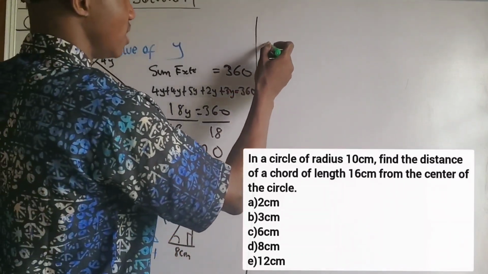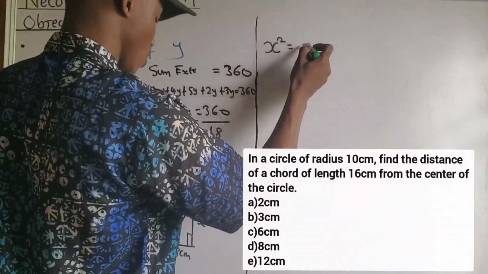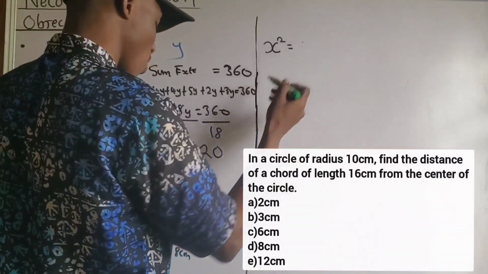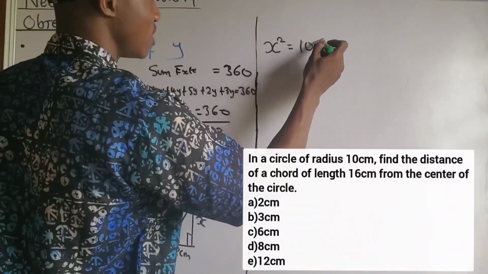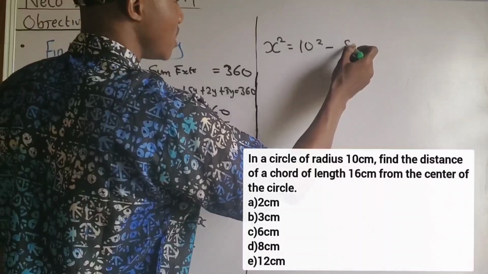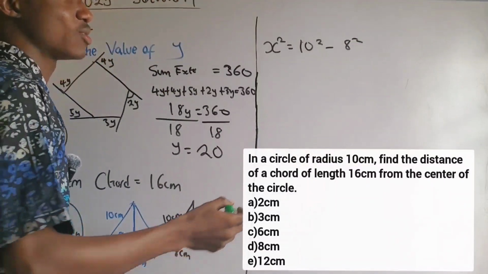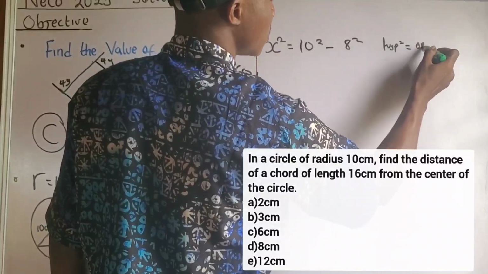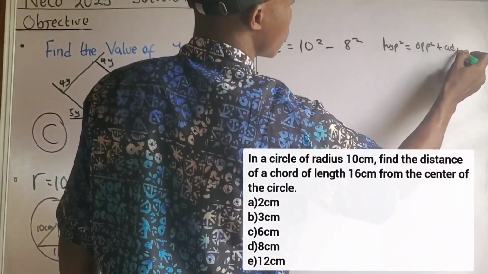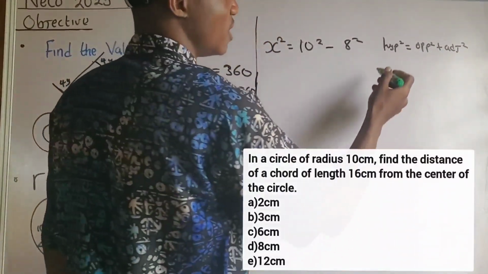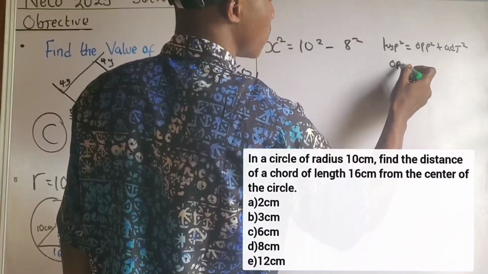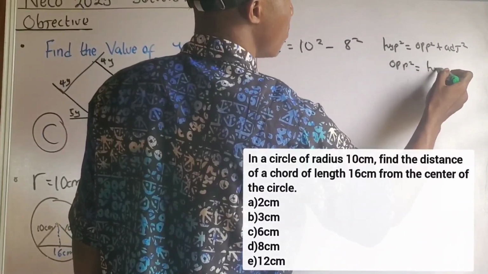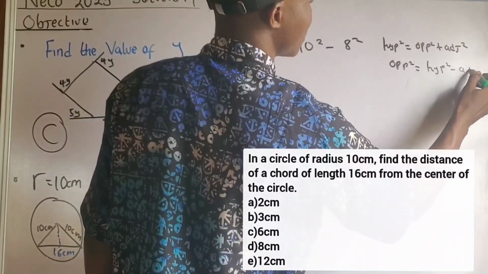The opposite side will be equal to the difference of the squares, which is 10 squared minus 8 squared. According to Pythagoras theorem, hypotenuse squared is equal to opposite squared plus adjacent squared. So the opposite squared will be equal to hypotenuse squared minus adjacent squared.